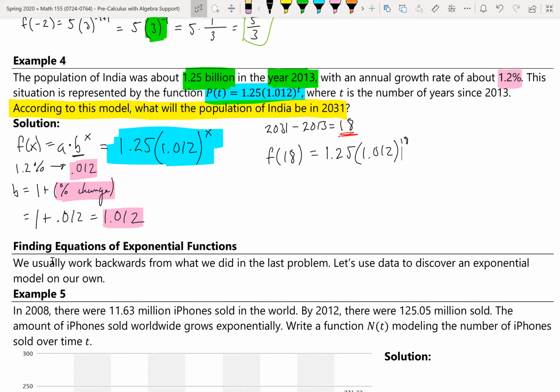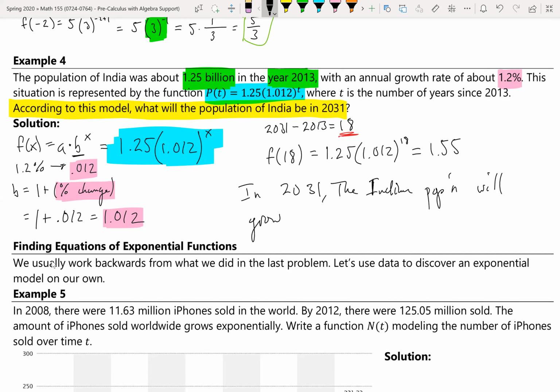I'm actually going to use my cell phone for this one. 1.012 to the 18th is about 1.24. So 1.25 times 1.24 is about 1.55. 1.55 what? Billion. In 2031, the population.